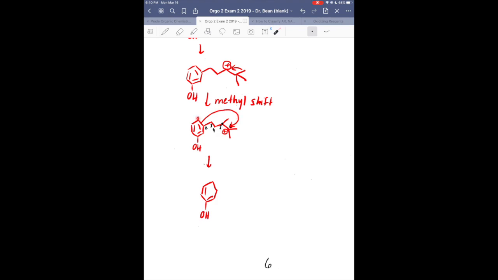So if this is the carbon that gets the group, okay, which carbon is going to gain the positive charge? The left one or the right one? I'm going to give you guys some time to answer for those that are here, just because this is really important.